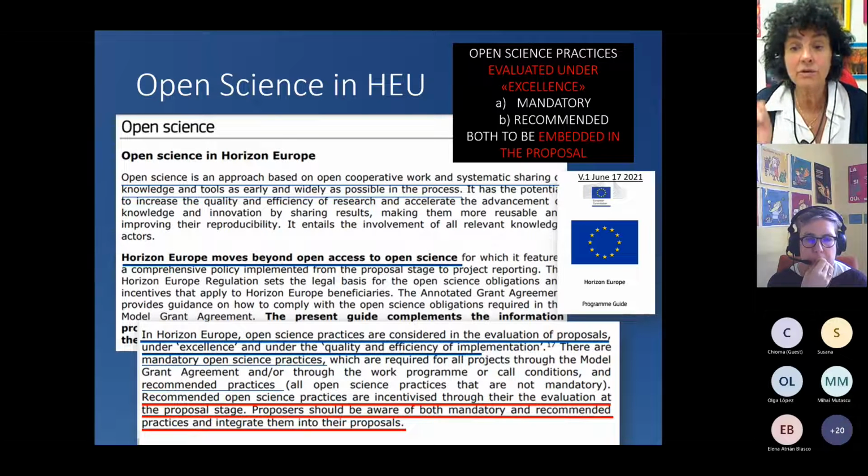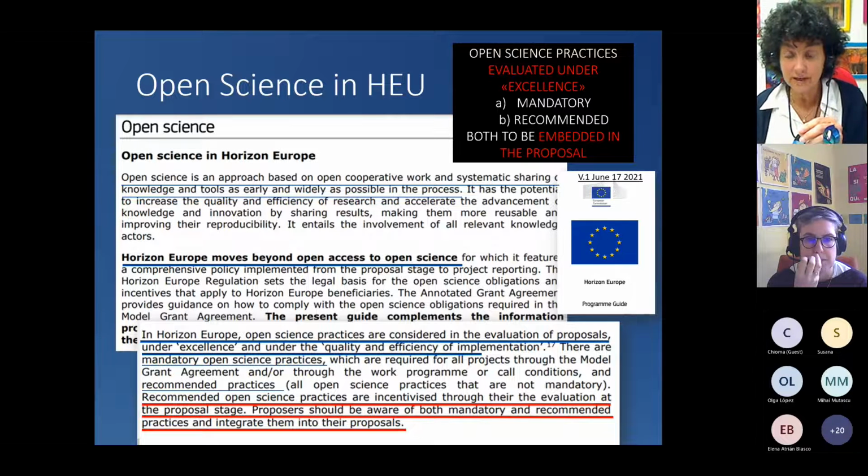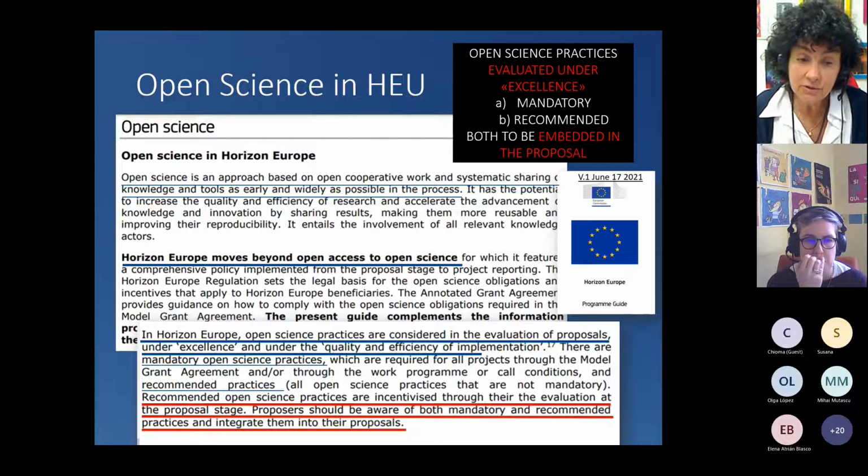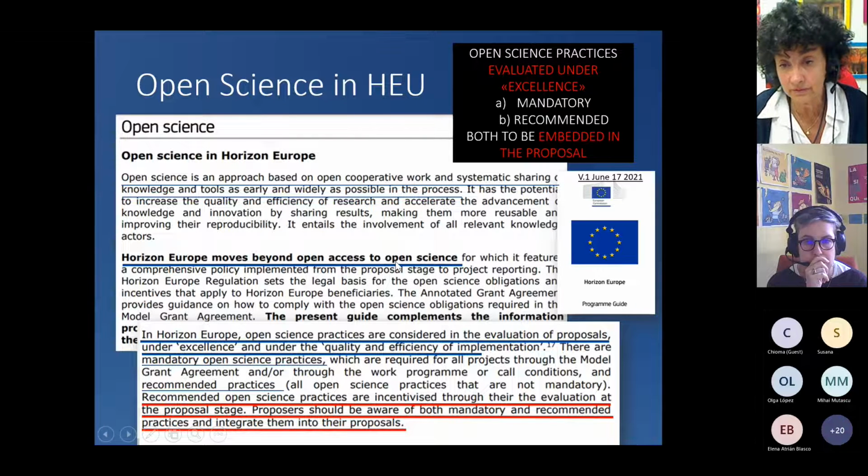Again, another keyword which is process. It's not just the final output, it's the entire process that should be open as early and openly as possible, okay? Horizon Europe, as you can see here, moves beyond open access to open science, okay? Open access is just one of the components of open science.